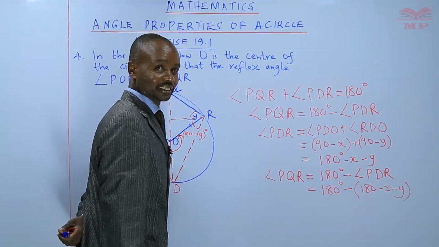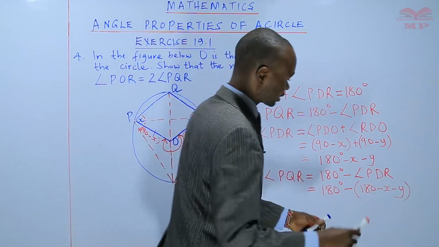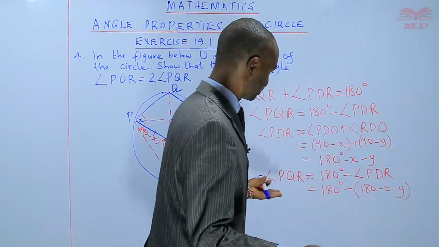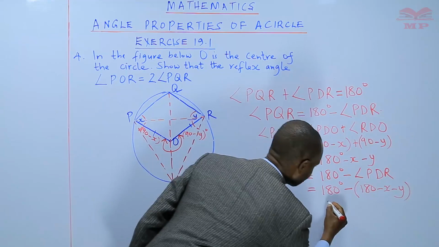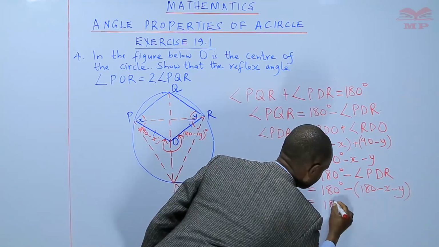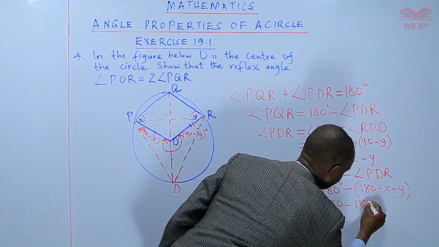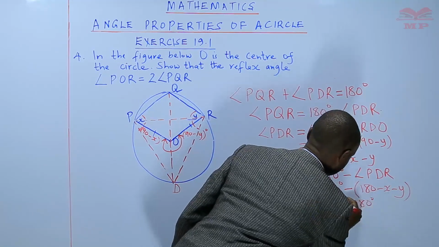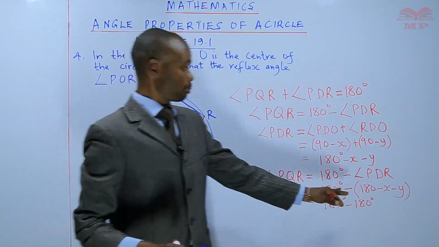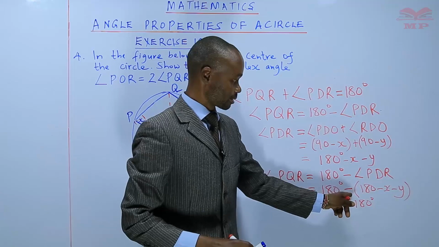What do you get? It will cancel out. So you'll eventually have 180 minus 180 degrees.